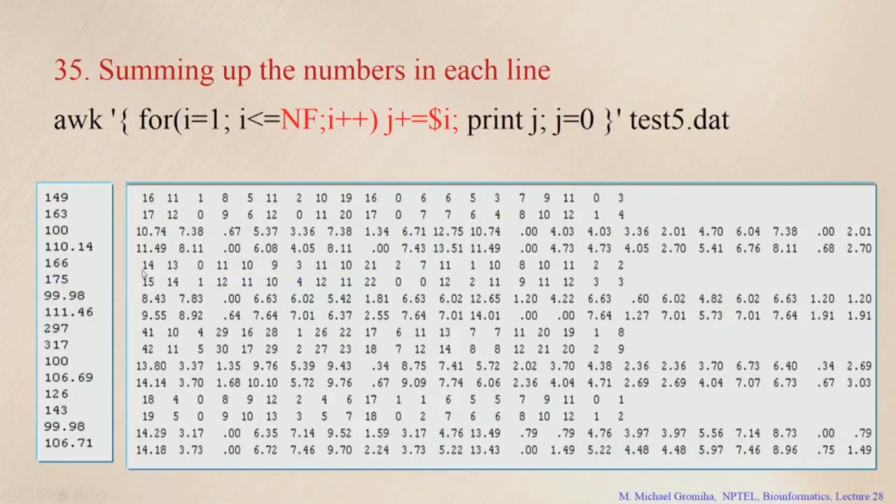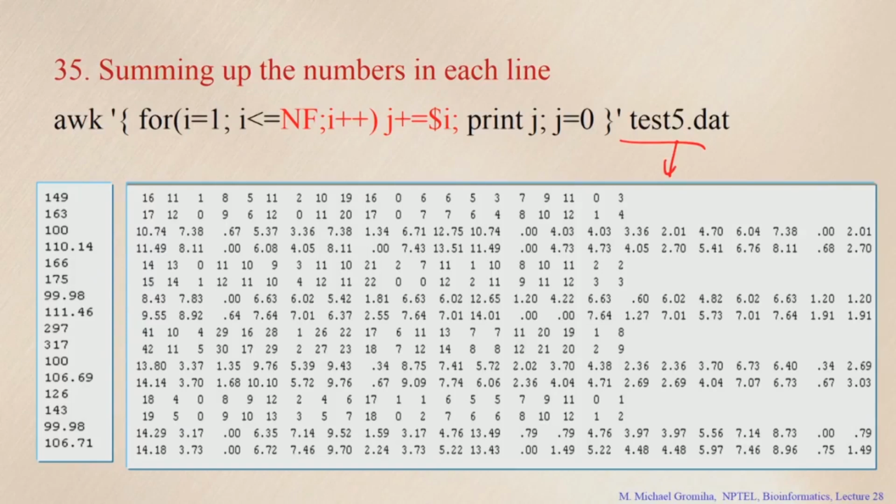Then also you can do some calculations, right. So, here I want to sum up the numbers in each line. This is the output file, say this is testfile.dat, right. I want to sum up all these values.